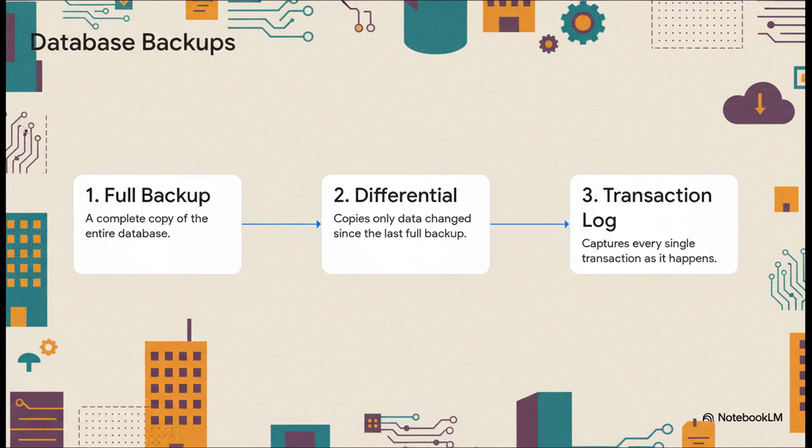A differential backup is a little smarter. It only copies the data that's changed since the last full backup. And then you have the transaction log backup, which is like a court stenographer, recording every single change one by one as it happens. When you use all three together, it means you can restore your data right up to the minute before disaster struck.